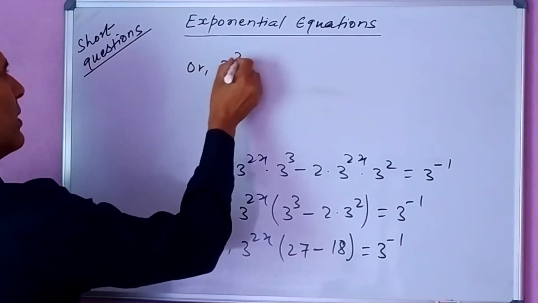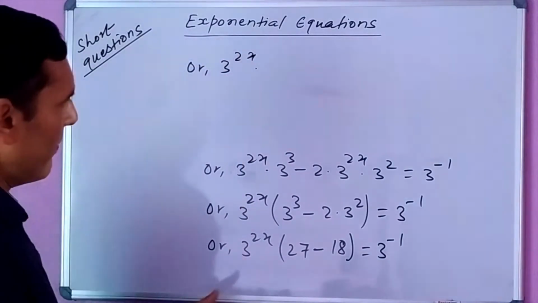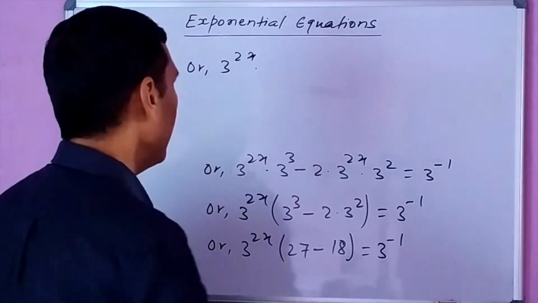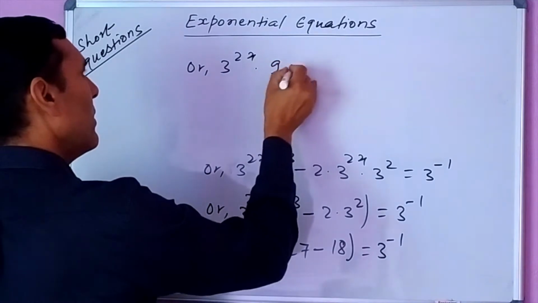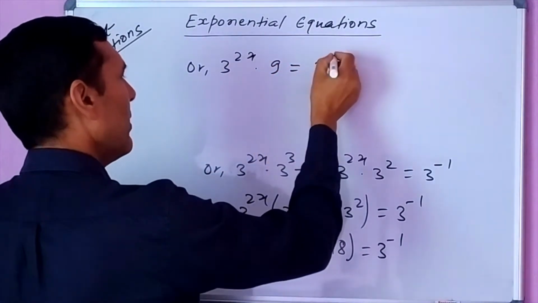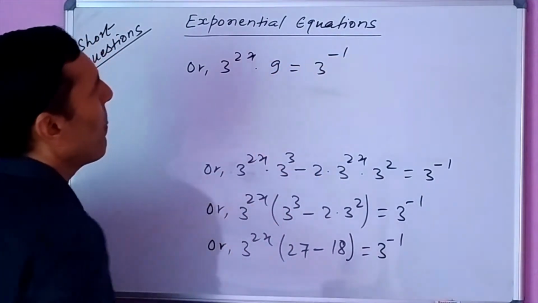3 to the power 2x. Now what is the difference? 27 minus 18, it is 9, is equal to 3 to the power minus 1.